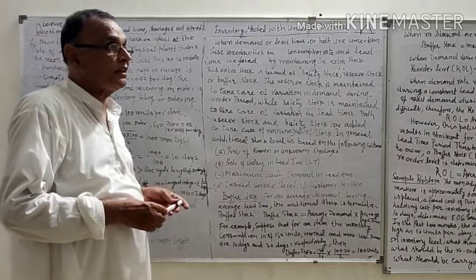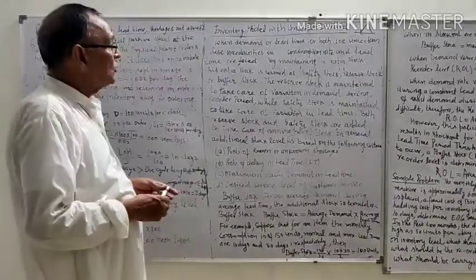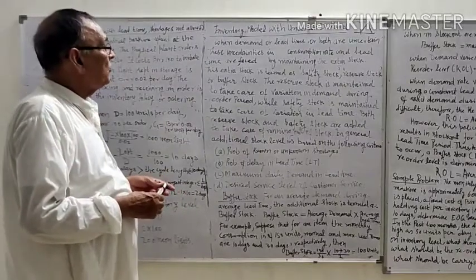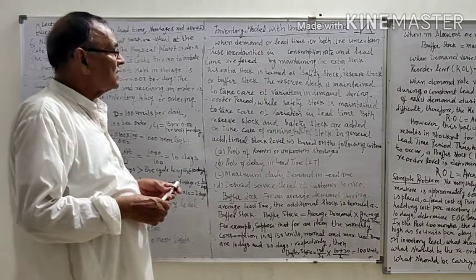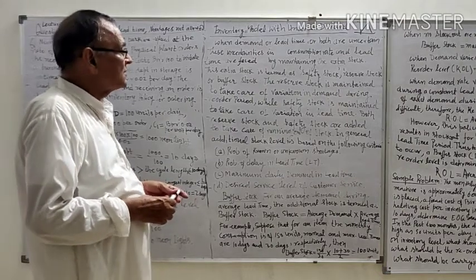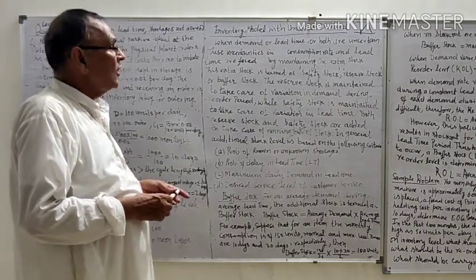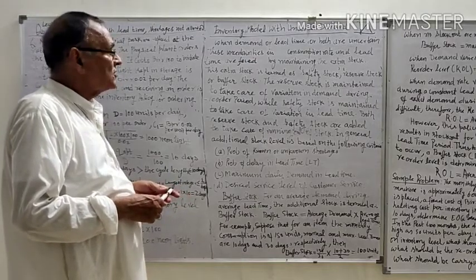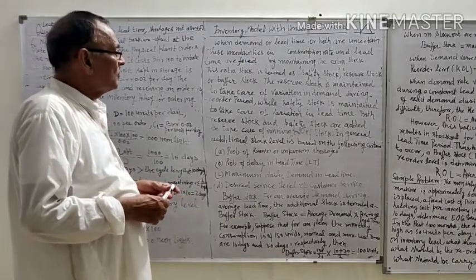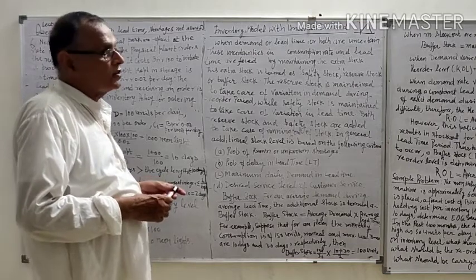We have to maintain the extra stock so that we can fulfill the uncertain demand. This extra stock is termed as safety stock or reserve stock or buffer stock. But all these three are not the same.